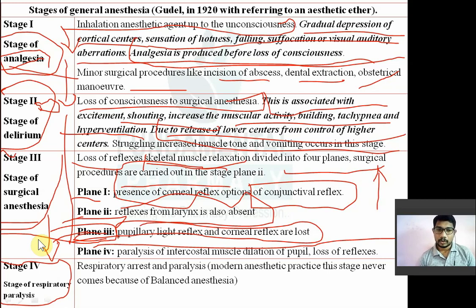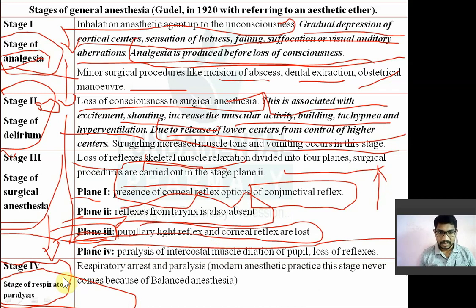Okay, now plane 4 में that is a paralysis of intercostal muscle and dilation of pupil, loss of all kind of reflexes, that means patient is gone. Okay, so stage 4 is known as a stage of respiratory paralysis. यहाँ पे respiration totally stop हो जाएगा, patient will die.